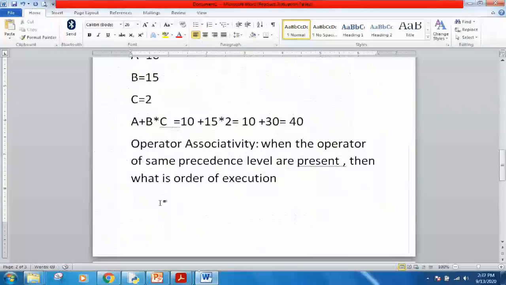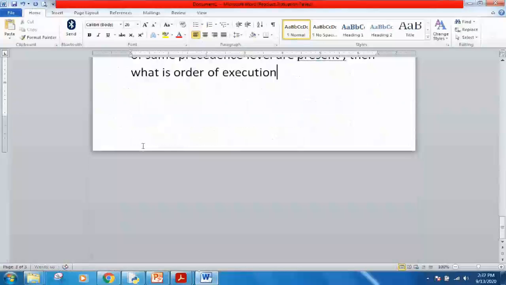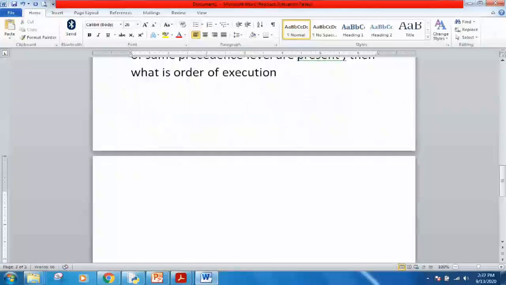Let us try to understand this with an example. Let me show this to you on another page. Seven into 8, single slash 5, then double slash 2.